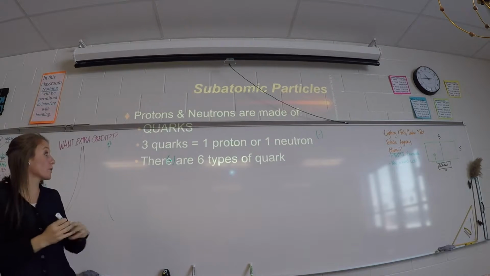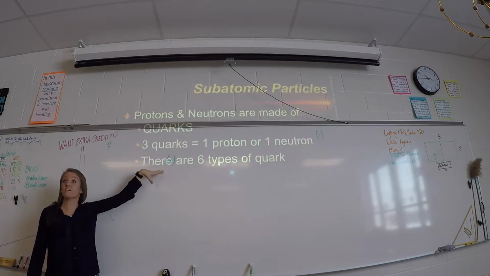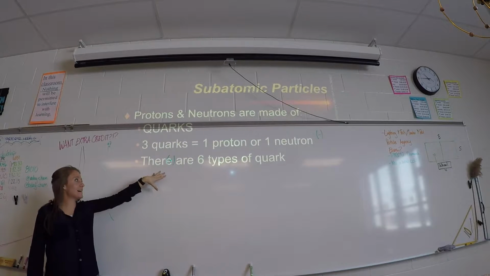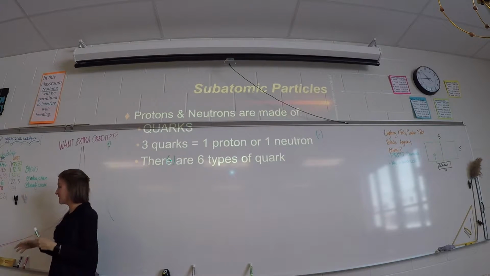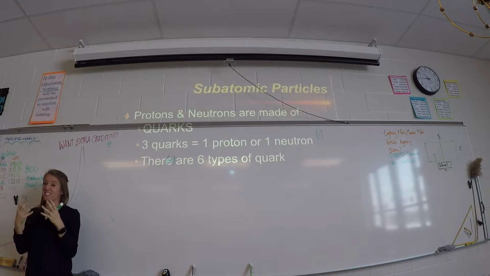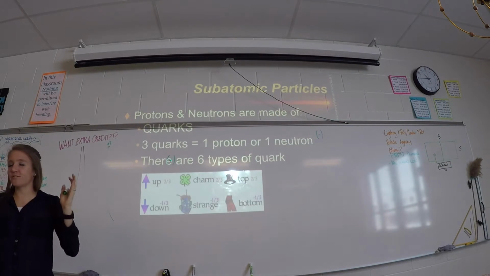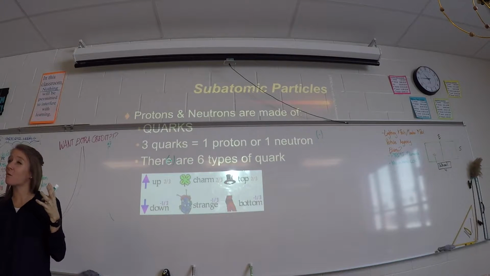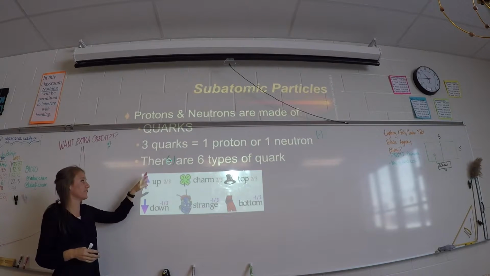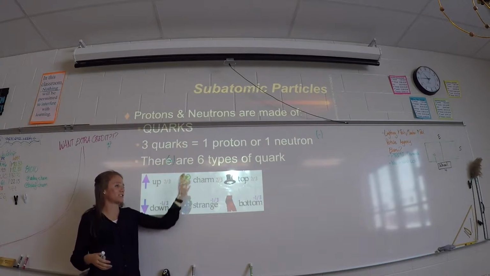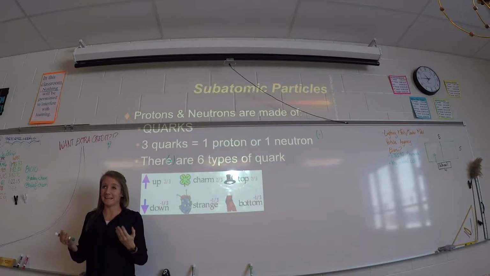There's actually, in total, 6 different types of quarks out there. And so protons and neutrons are made in different combinations of those. Just fun fact, these are the different names of the quarks that we have. They're called up, down, charm, strange, top, and bottom.